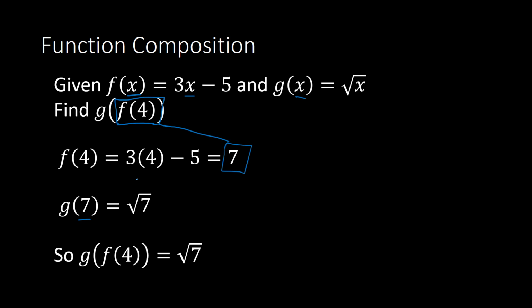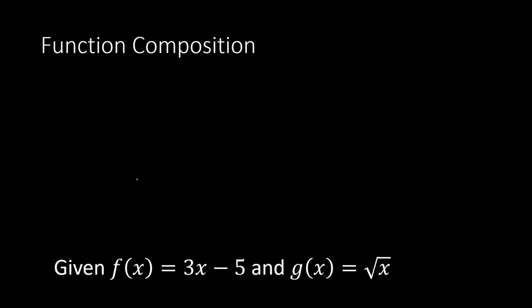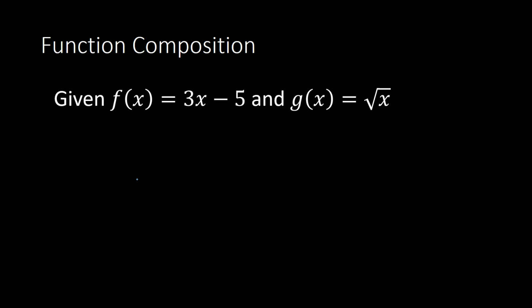Now we're going to do the same thing, but in general for two functions. So instead of plugging in an actual number into one of the functions, I'm just going to try to find the composition of the two functions in general. Meaning we're going to find f of g of x instead of f of g of 3 or 4. But we do the same process that we did with numbers, where we start with the innermost function and, instead of g of x, we put in the equivalent of g of x.